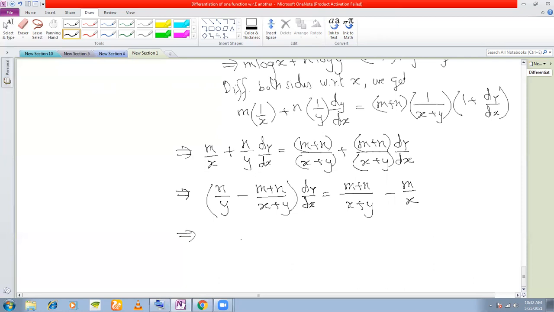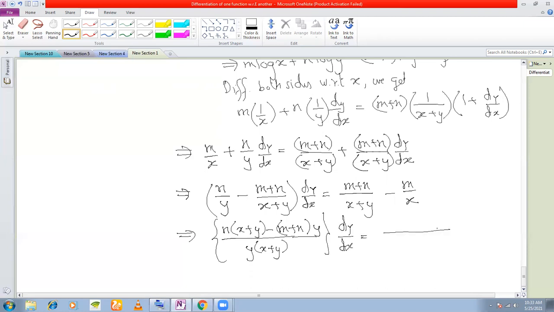Okay, now you take the LCM here, y into x plus y. So you have n times x plus y minus m plus n times y, whole thing multiplied by dy dx.